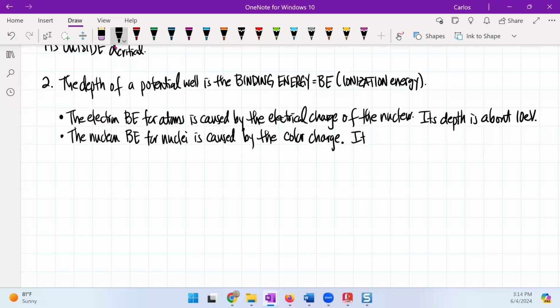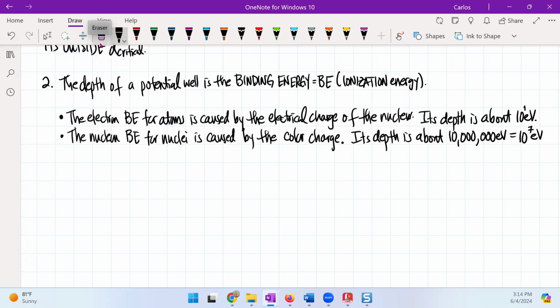Its depth is about 10 million electron volts. That's 10 to the 7 versus 10 to the 1. So it's really, really deep here.